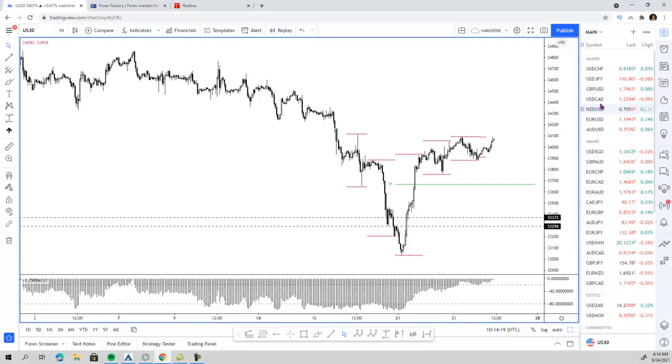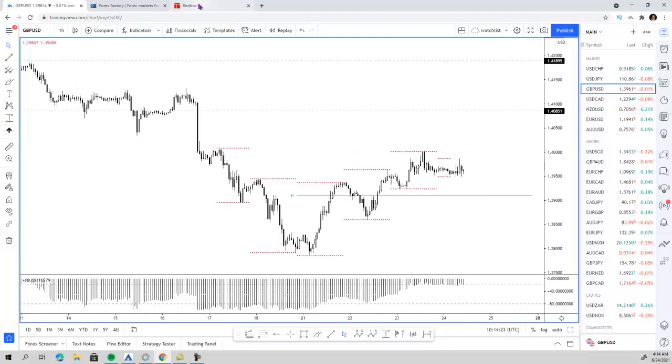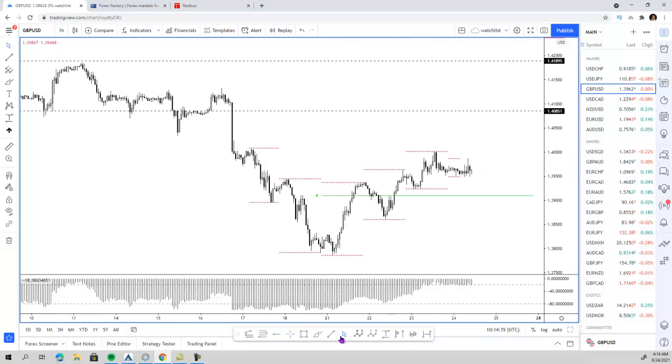Let's have a look at the pound before the Bank of England announcement, right? Very choppy day, very choppy day. Today's range is about 37 pips. And yesterday we closed positive, right, on the day, and we continue to make higher daily lows, and higher daily highs, right?